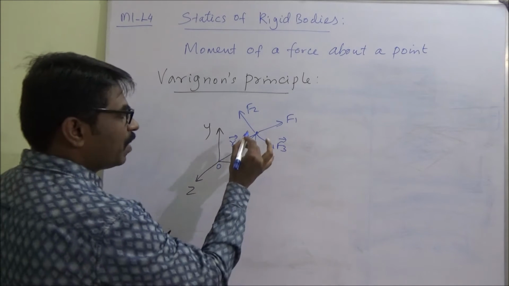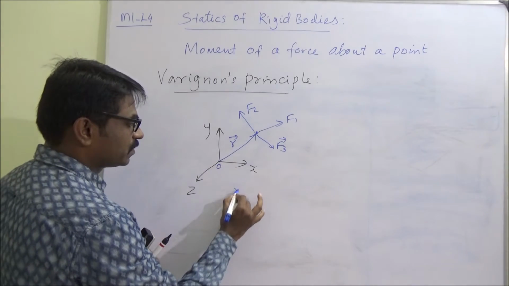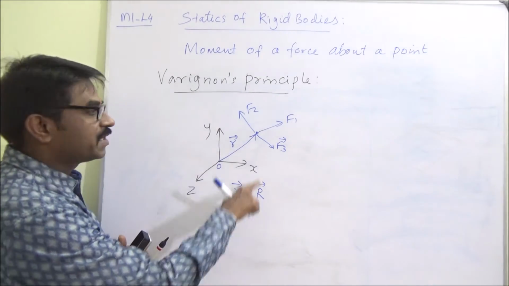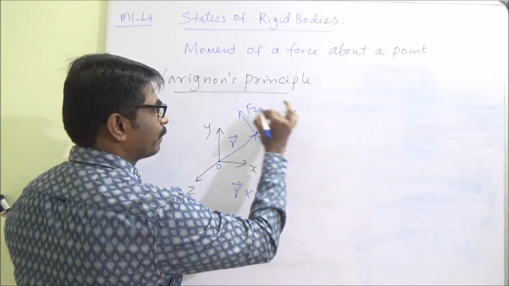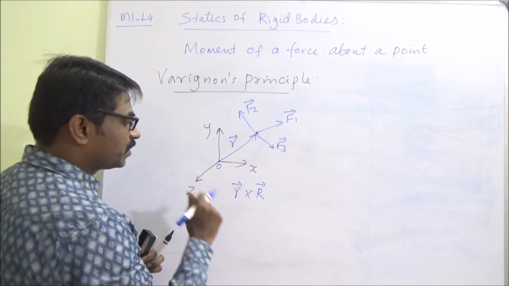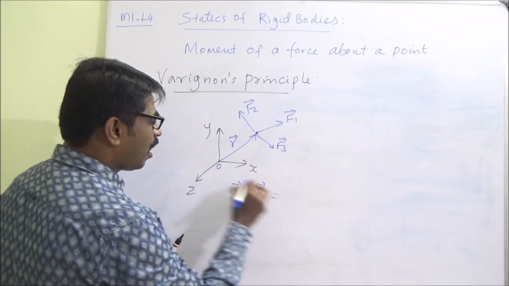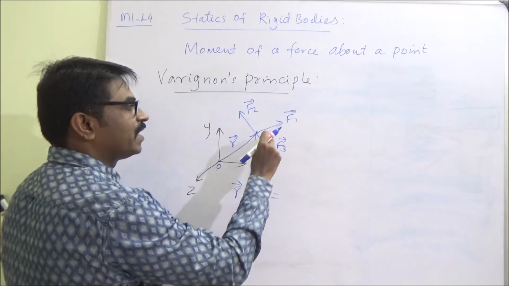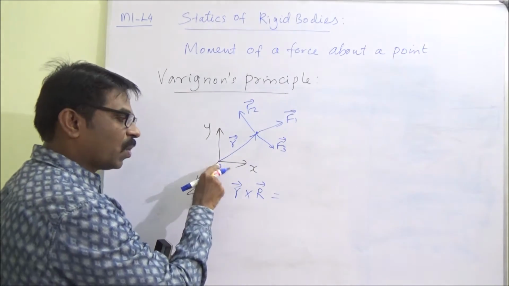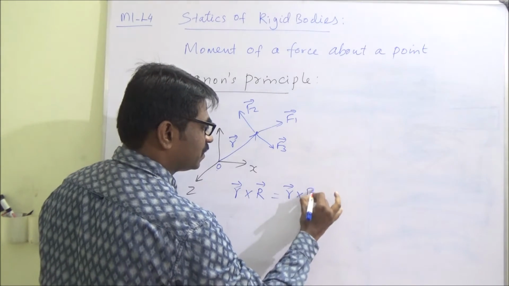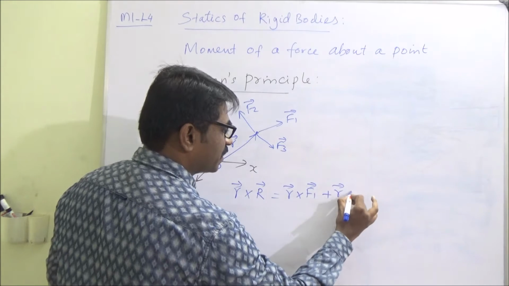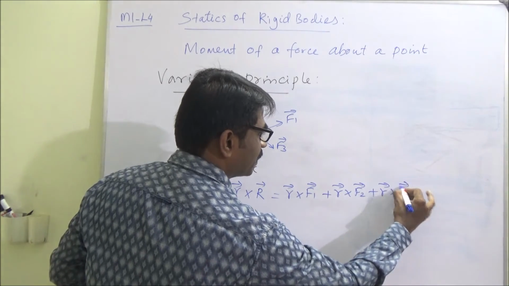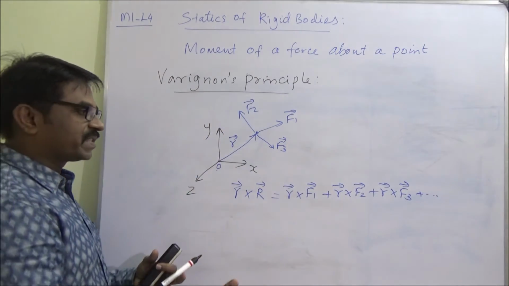The moment of the resultant about O, R vector cross the resultant, say this is the resultant of the F1, F2, F3 vectors, is equal to the sum of the moments of each force about O. R vector cross F1 vector plus R vector cross F2 vector plus R vector cross F3 vector, and so on, if we have more forces.